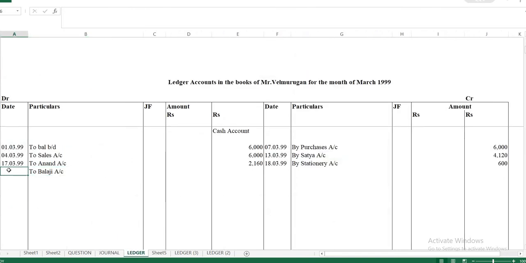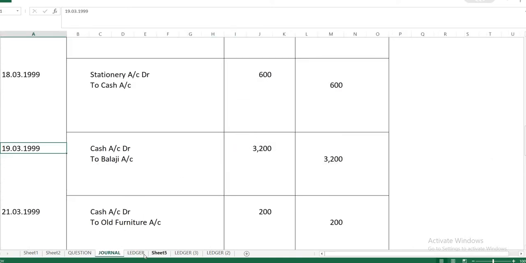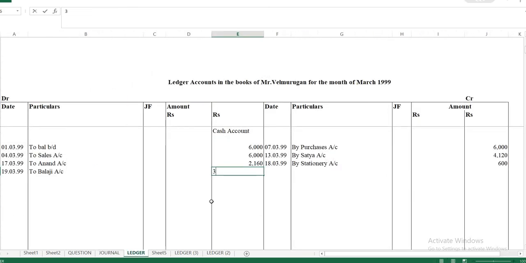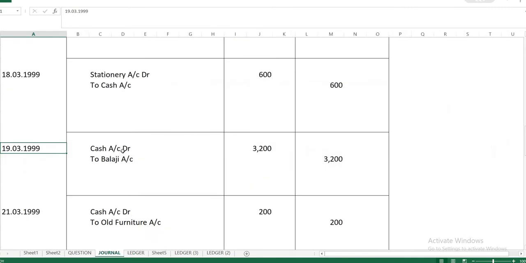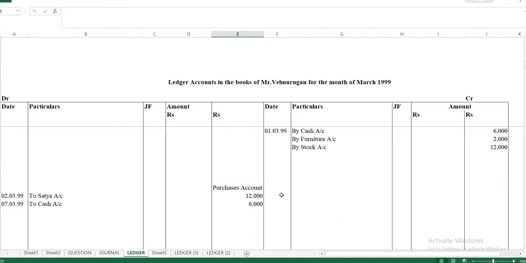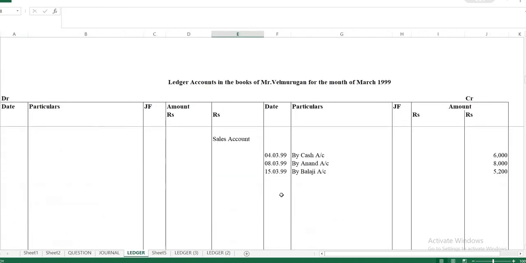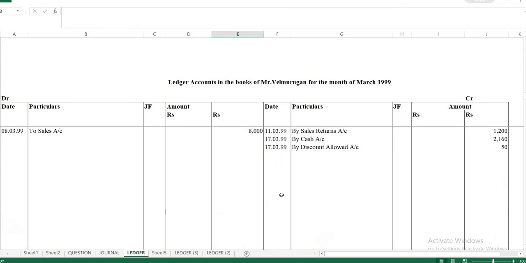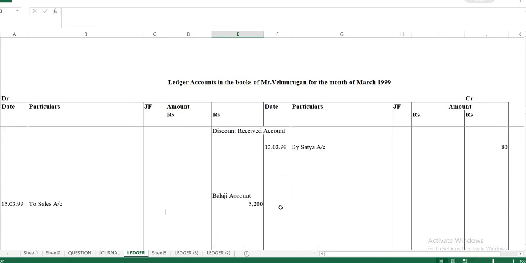Okay. So the date on which it has occurred, 19th. So the 19th date you have to mention. Okay, Balaji account, how much amount you are receiving, that amount 3200 should be shown. Okay. And moving to the next one, in Balaji account by cash account we have to mention on the credit side. So you have to see where the Balaji account is. Here.